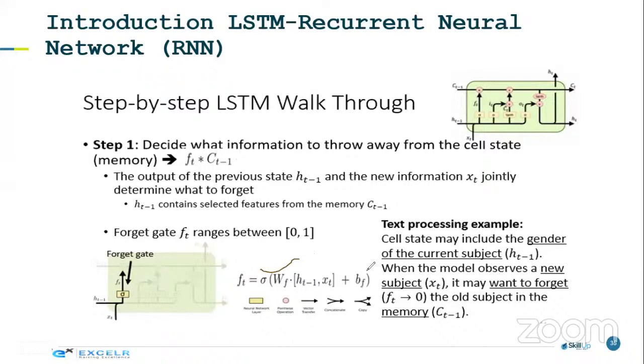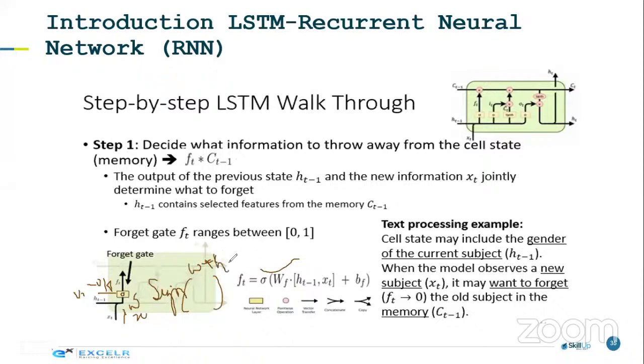In the forget gate, we are trying to perform some kind of operation. This is the forget gate. We are passing information from the previous state, the current input and the previous output, along with the weights W dash and W, to the sigmoid function.